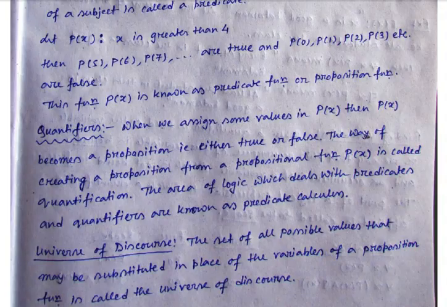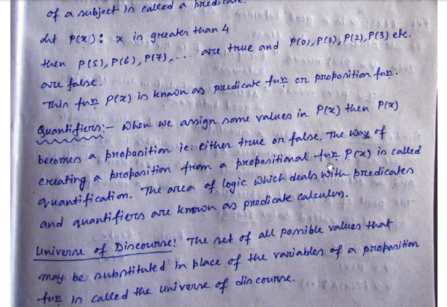Now, what are quantifiers? Quantification means assigning values to the propositional function P(x) that make the propositional function a proposition. From the function we get a proposition by assigning some value of the variable x inside P(x).